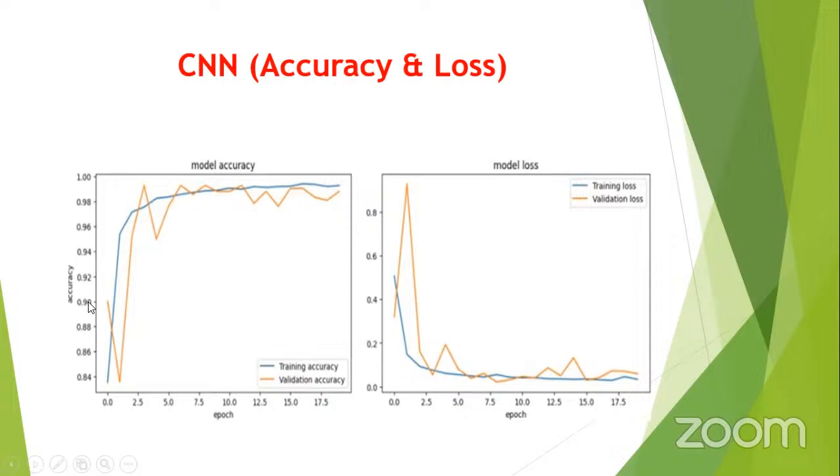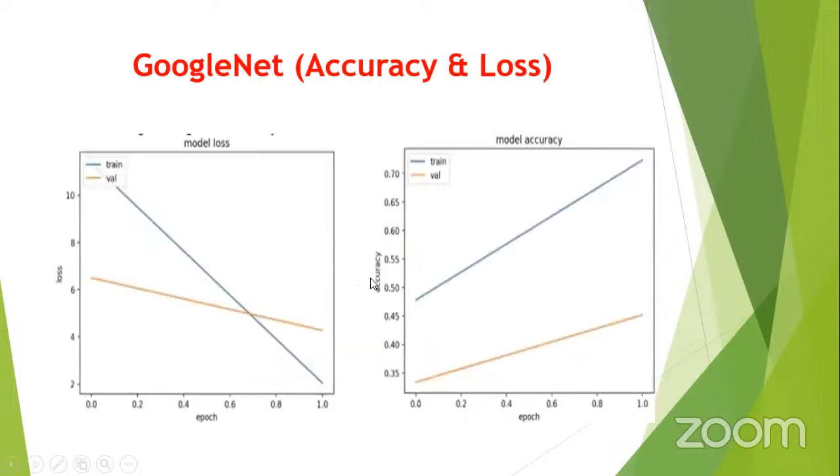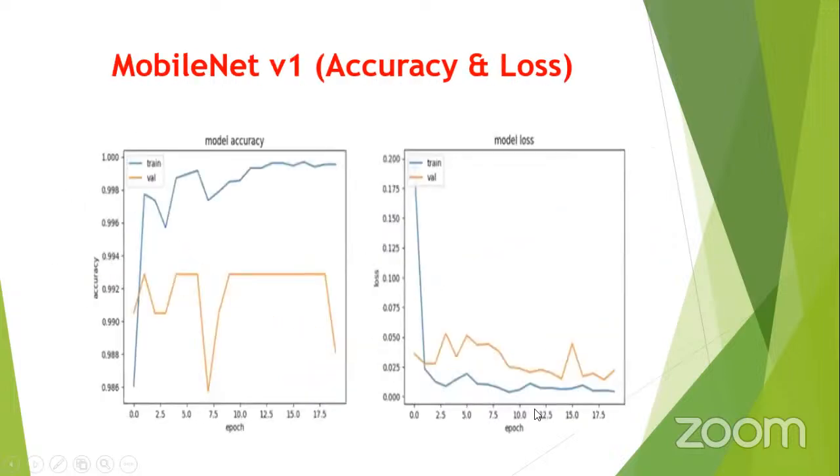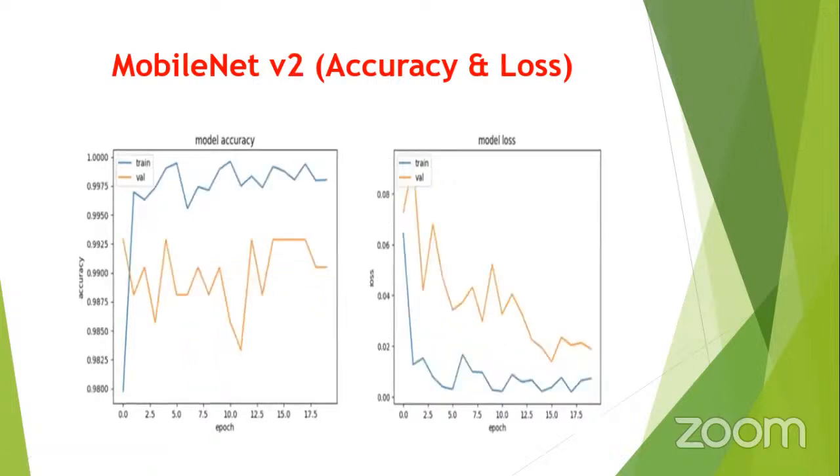And here also according to this curve we see model loss and model accuracy. For MobileNet version 1 accuracy and loss, we see the same thing. We see another trained model according to our chart, and then MobileNet version 2.